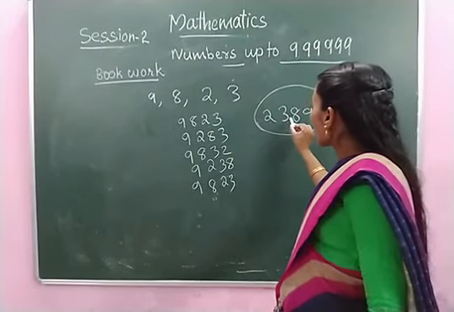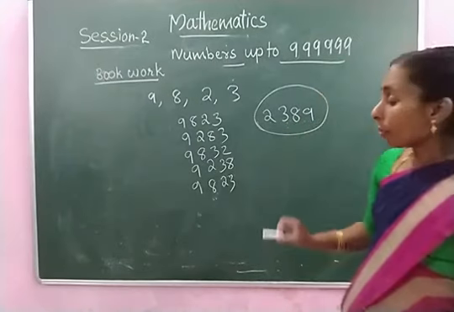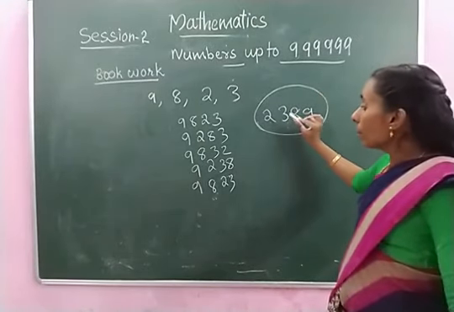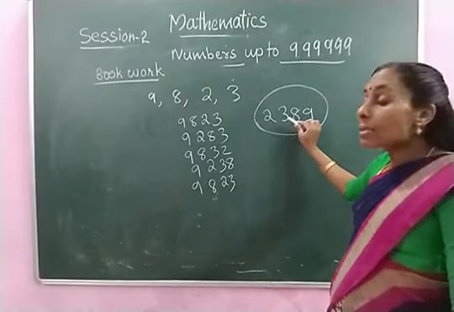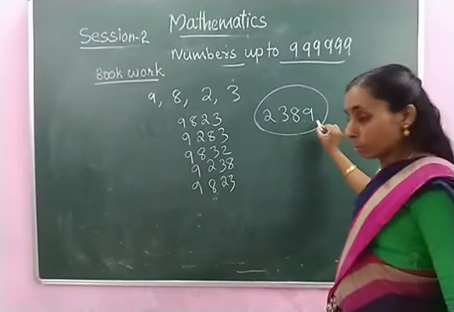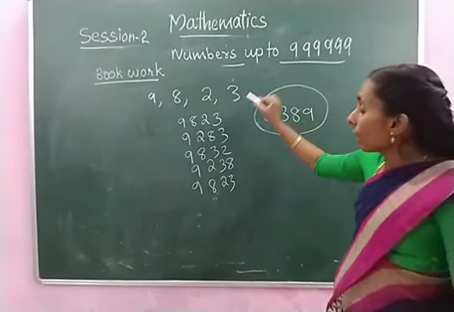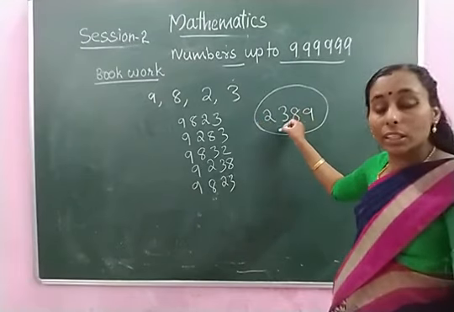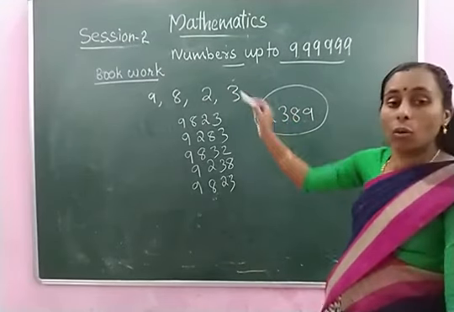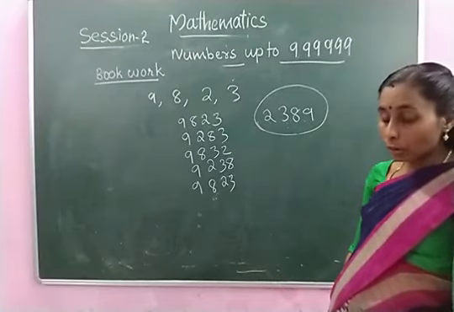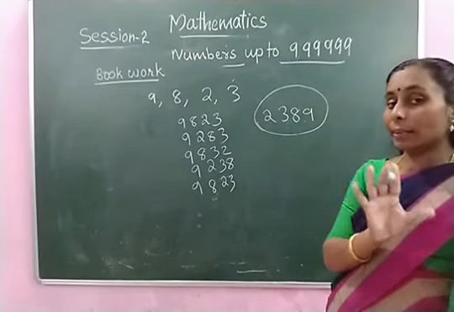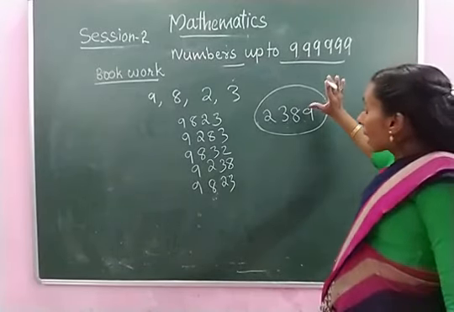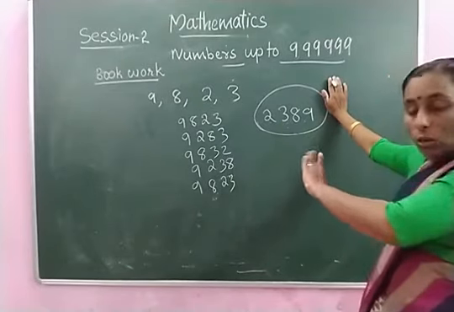Okay, 2389. I have arranged the numbers in ascending order, smaller to bigger. By that, I have got the smallest 4-digit number by using only these 4 digits. Okay, this all we have learned in class 3, to arrange the numbers in ascending order.